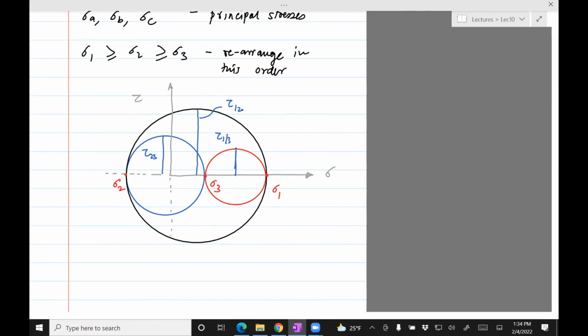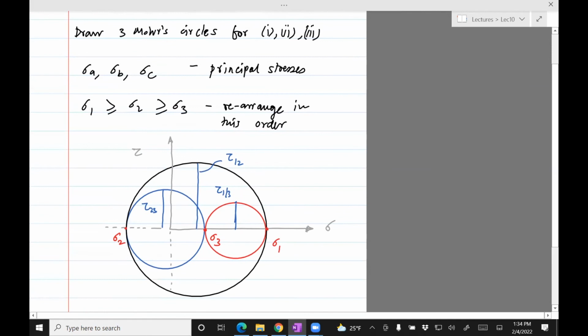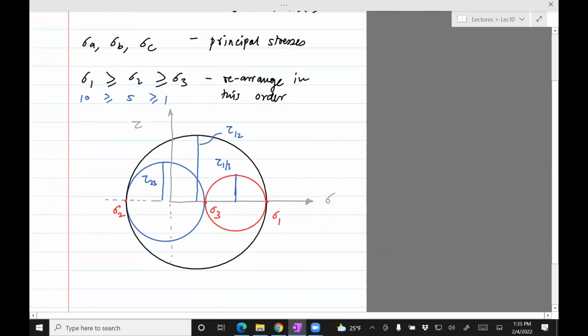There's something wrong. So I think I'm messing this up. Let's just take an example, 10, 5, and 1. So if that's true, then for the bigger circle, 10 minus 1 divided by 2, that should be the radius of the bigger circle. So yeah, that can't be true.